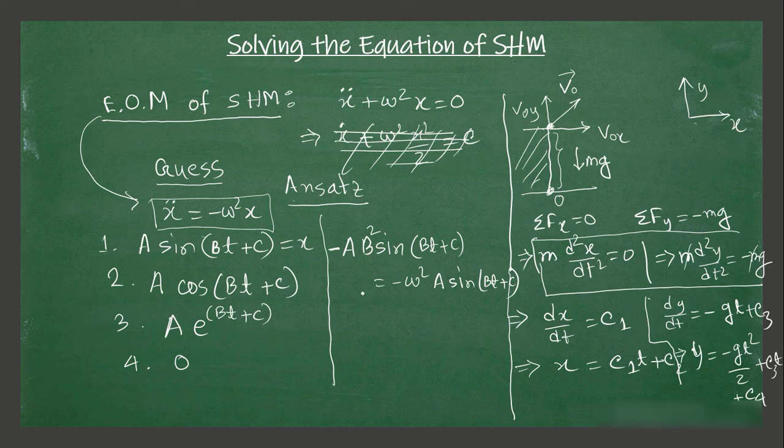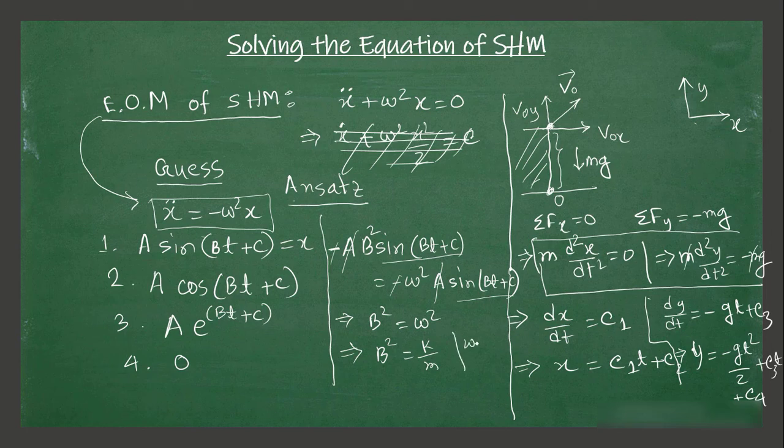So let's see what we can find out from this equation. Well, as you can see, this a and a cancels out, minus minus cancels out, okay? These two are the same, so they will cancel out too. So we'll have b squared equal to omega squared, okay? So that means b squared is equal to k over m.